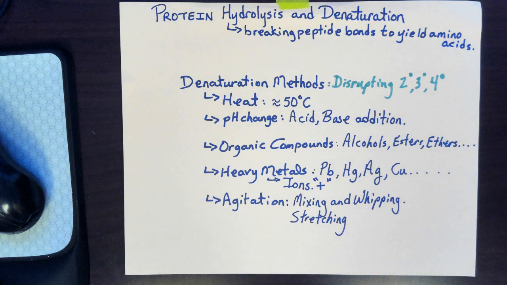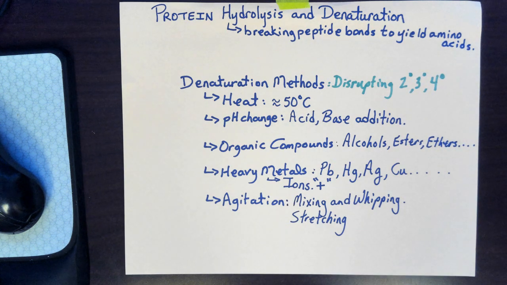So if we add acids or bases to our protein samples, then we can change hydrogen bonds, we can change salt bridges, we can change those forces, and we disrupt the secondary, tertiary, and quaternary structures of the proteins.